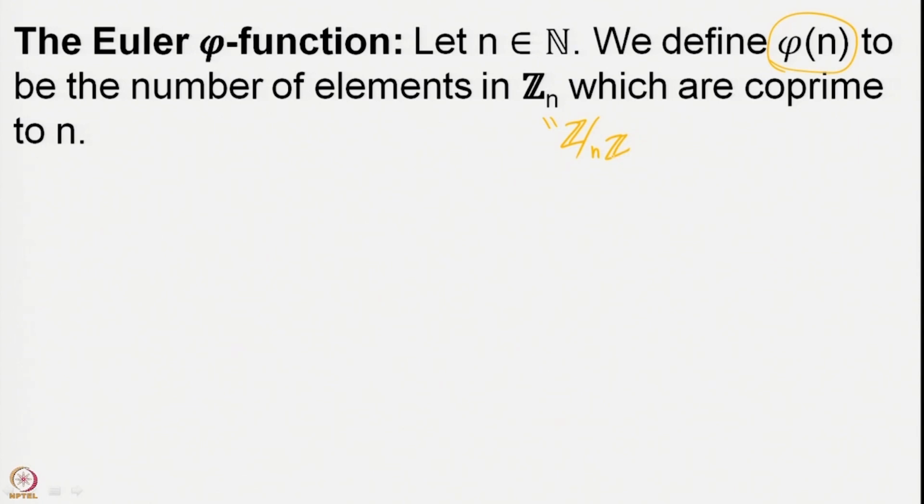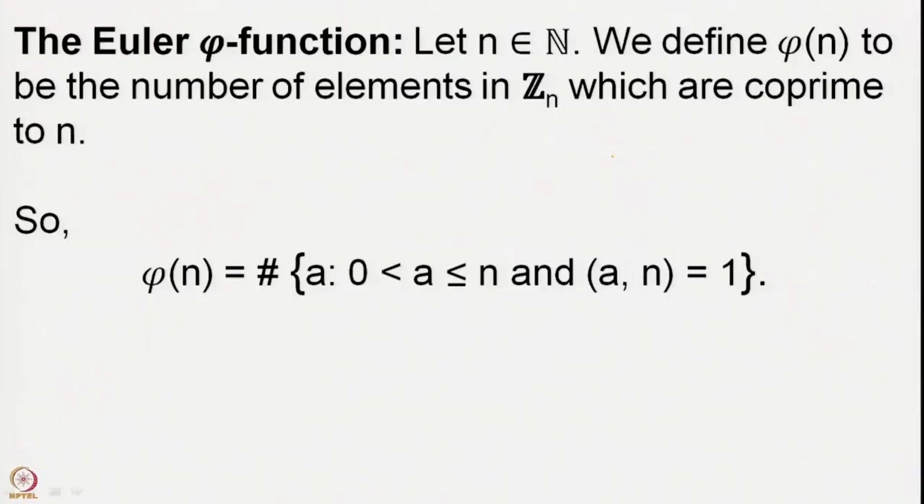That means these elements are the ones which are not the 0 divisors when you are looking at them in Gn. So phi of n, which is the function that we have just now defined, is the cardinality of all the numbers from 0 to n with the property that the GCD of these numbers with n is equal to 1.